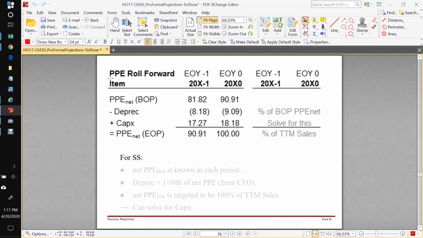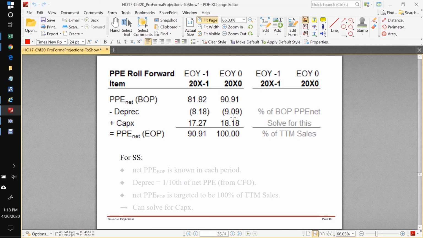Now, the other thing that we're going to need is taken from the cash flow statement and other stuff, which gives us our PPE roll forward equation. PPE net beginning of period minus the amount of wear plus the amount we've added to PPE is PPE net end of period. So you can see my end of period for a year ago becomes my beginning of period for the most recent year.